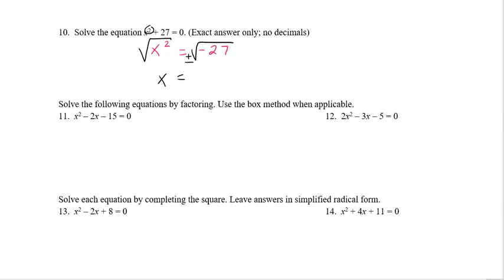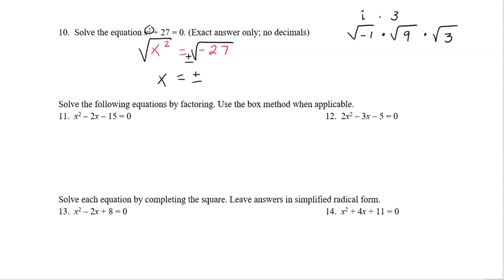So here we have plus or minus the square root of negative 27. I've got some people struggling with simplifying these radicals. So just go off to the side and think about how you would factor the square root of negative 27. I would use these 3 radicals. And these first 2 radicals can actually be simplified, because we know the square root of negative 1 is i, and we know the square root of 9 is 3.